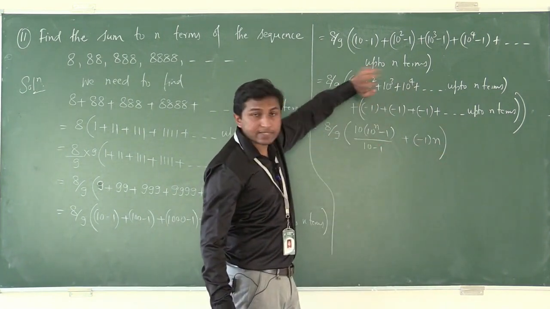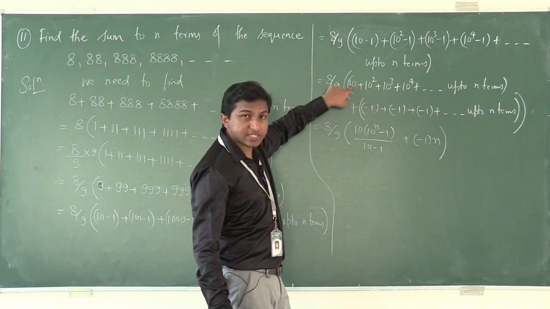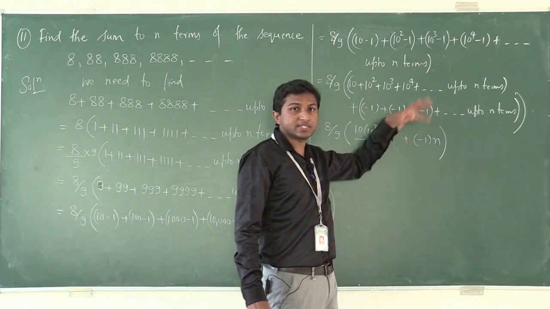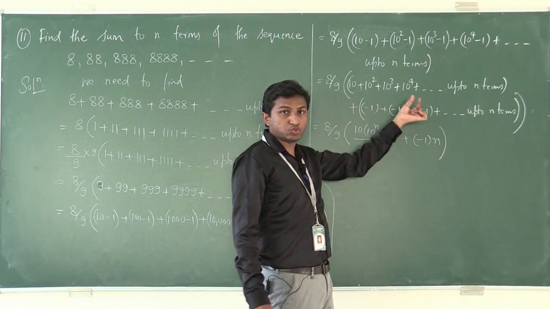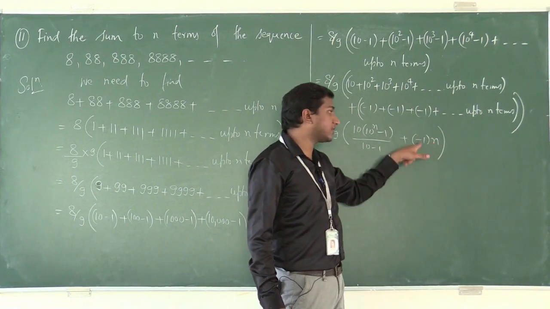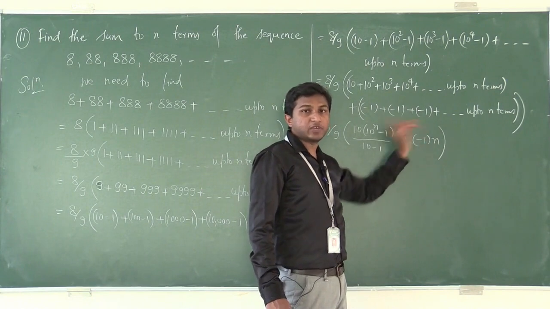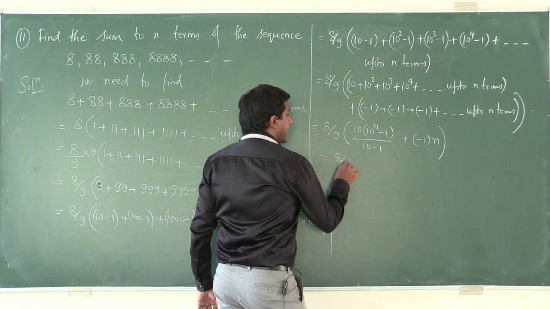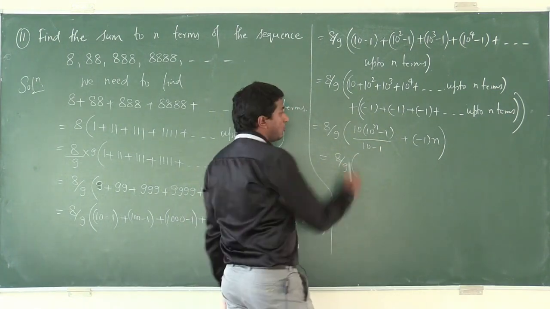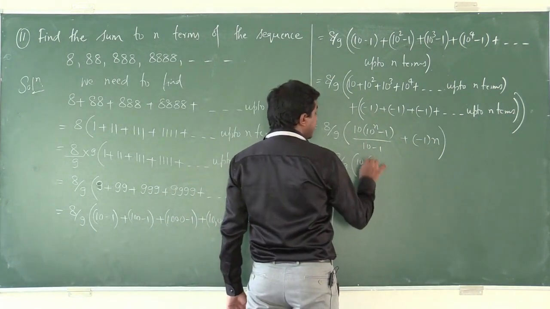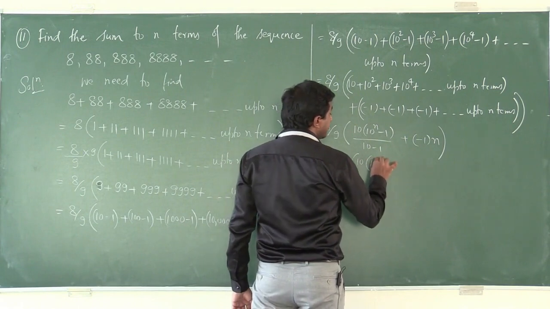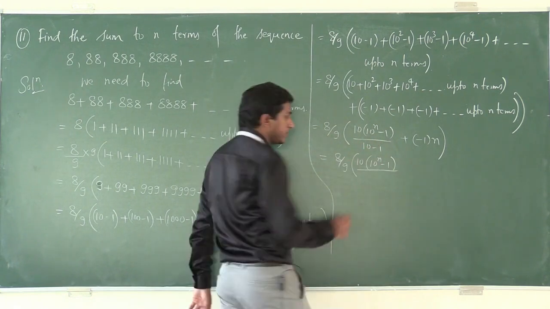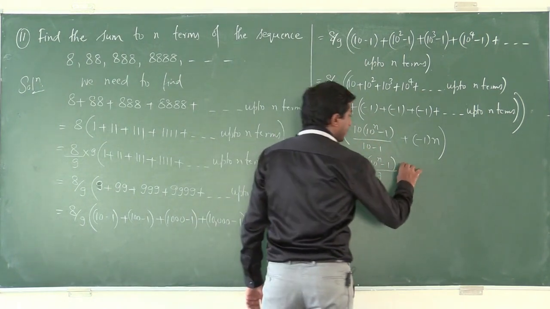So the first series was a geometric series with first term 10, common ratio 10, and the second series was a series where we add minus 1 n times, which I write as minus 1 into n. Then we'll simplify this further. 8 by 9 as it is. What am I left with here? 10 into 10 power n minus 1 by 10 minus 1 is nothing but 9.